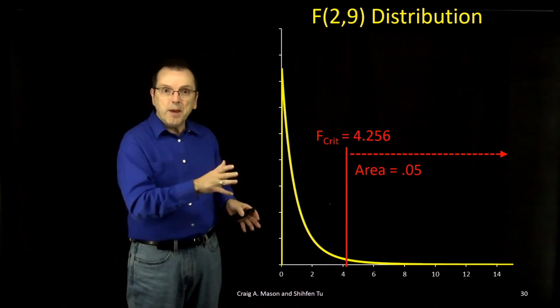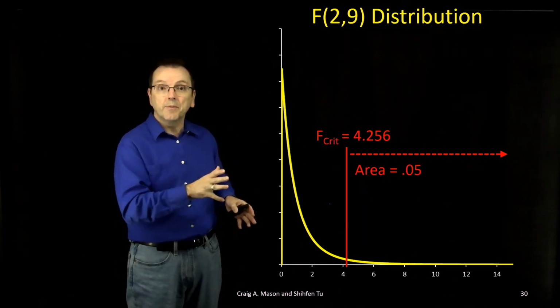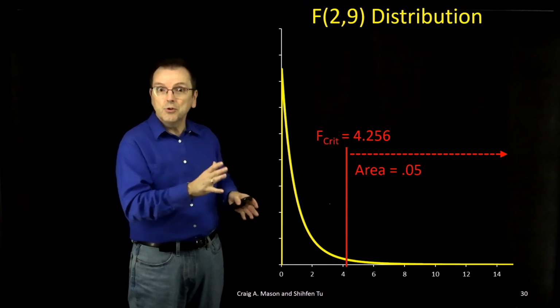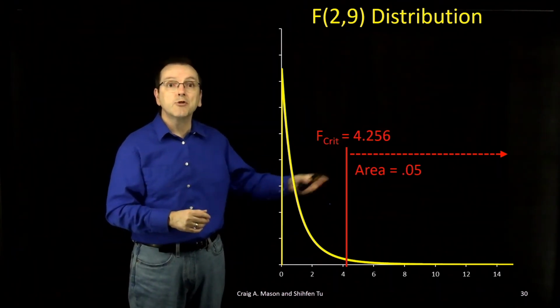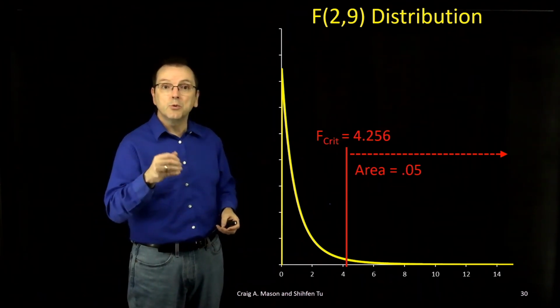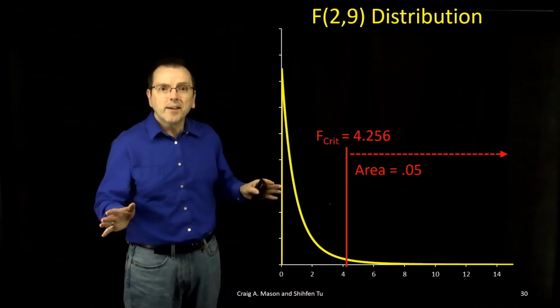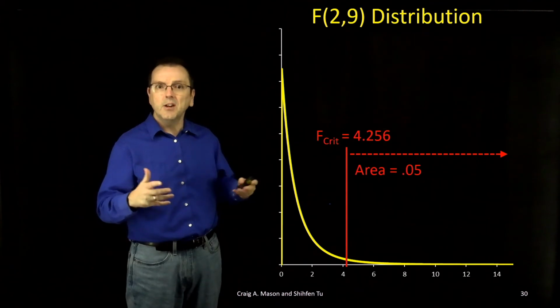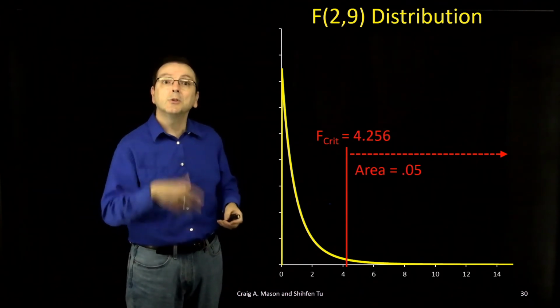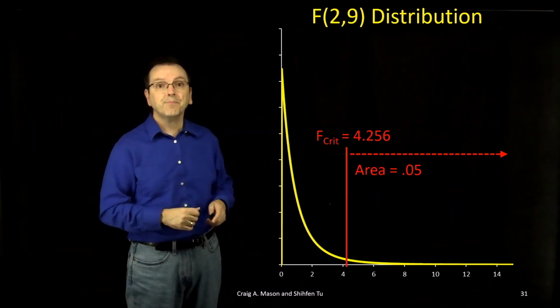Again, this is all based on the null being true. If the null is true, getting a result more extreme than an F equal to 4.256 is so unlikely, we'd conclude that the null probably isn't true. So we reject the null.